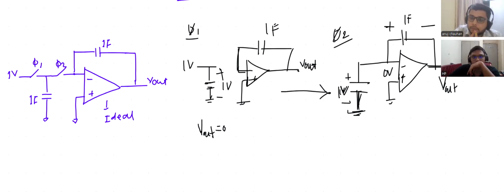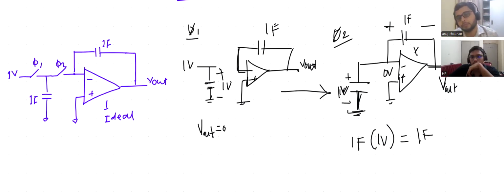This is 1 farad into 1 volt, but 1 farad into this, which I will call VC. So my Vout will be minus 1 volt.